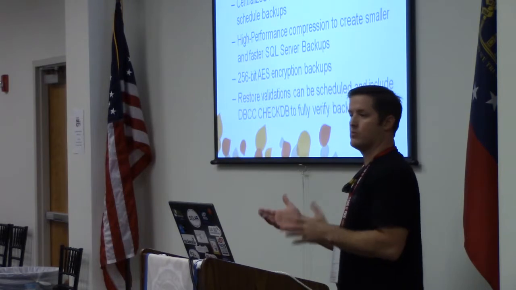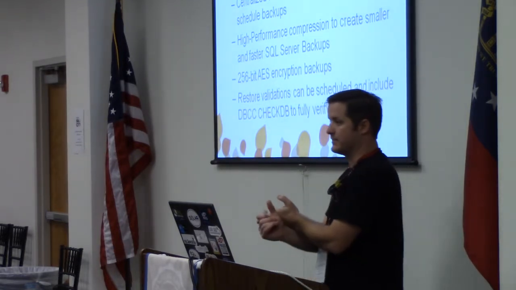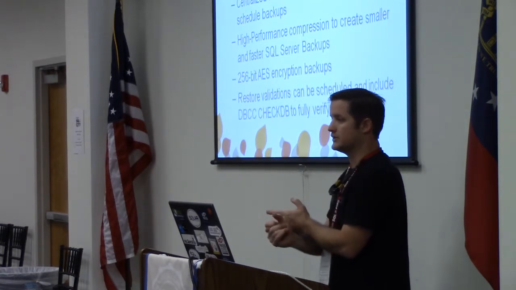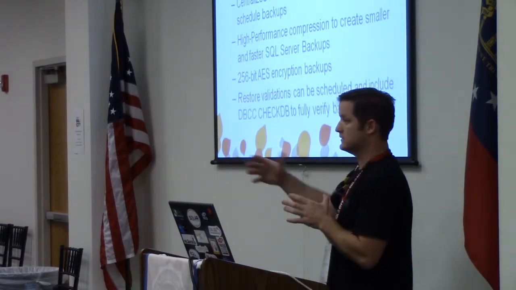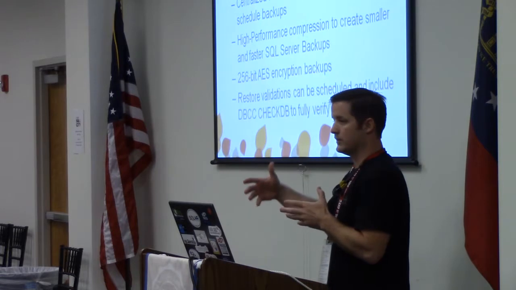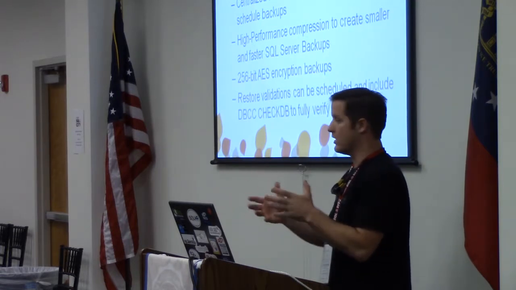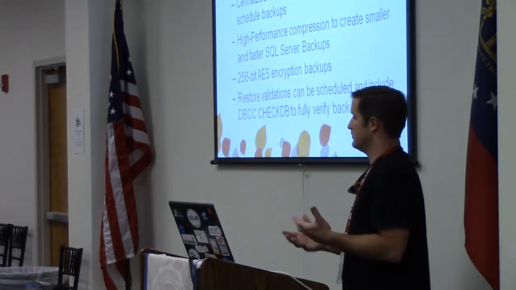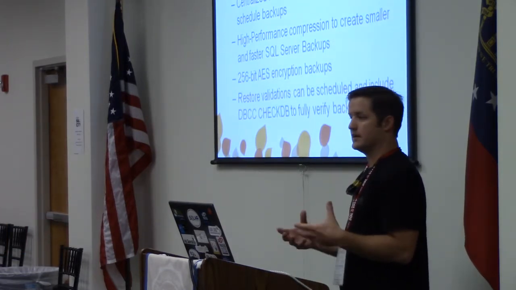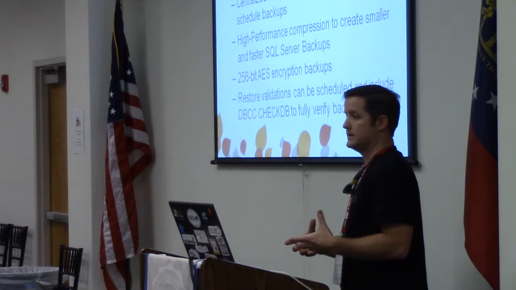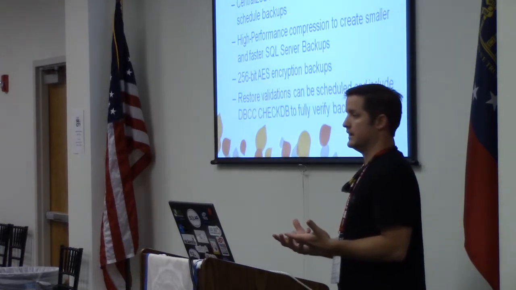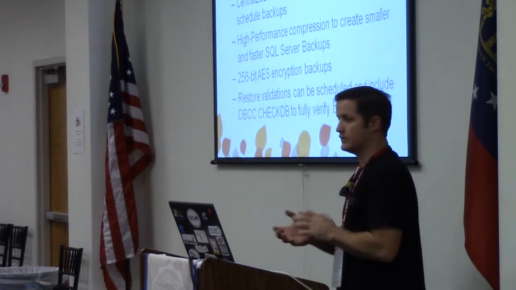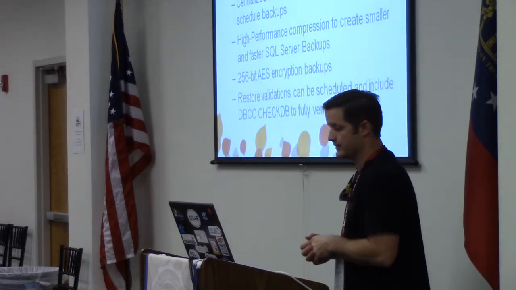That's becoming more and more common with Amazon EC2 and Azure, or just shipping your files off to a remote data center through some small VPN connection. So in that case, if your backup takes a little bit longer to run, but you're able to get an extra 10 to 15% compression rate, maybe it's worth it. And with native SQL, you can't do that. You can't fine-tune and tweak the compression rate.